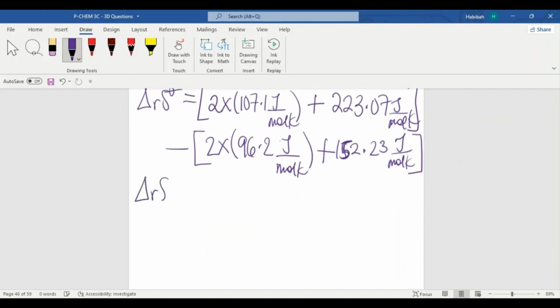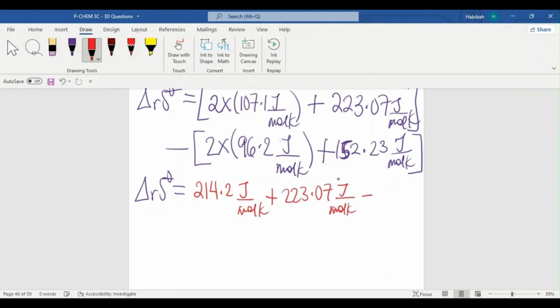So the change in standard entropy becomes 2 times 107.1, which is 214.2 joule per mole Kelvin, plus 223.07 joule per mole Kelvin, minus 2 times 96.2, which is 192.4 joule per mole Kelvin. I'm also going to expand it and remove the bracket for the second one as well, so we're just going to have another minus 152.23 joule per mole Kelvin.